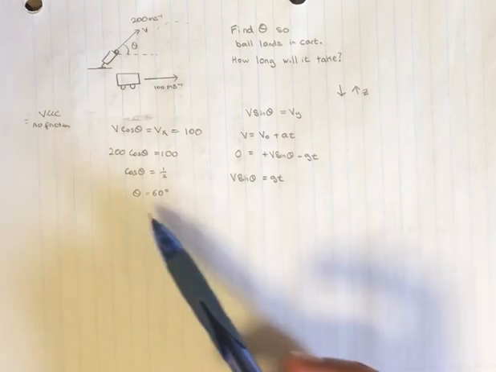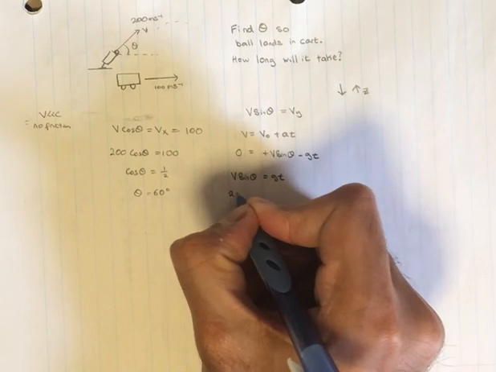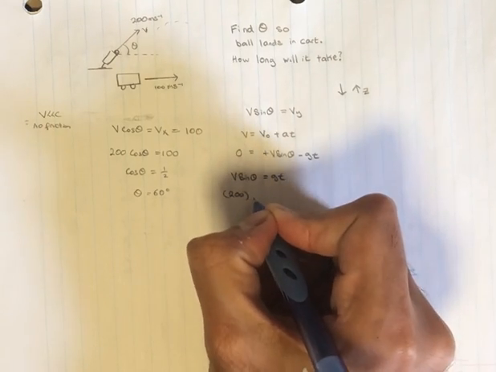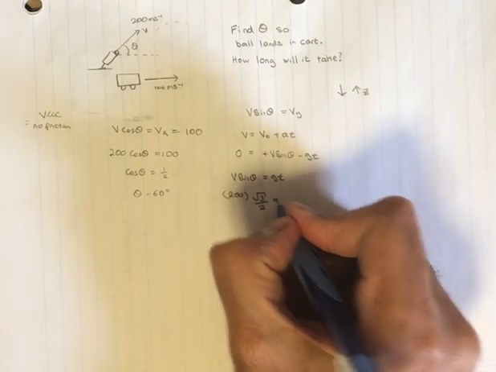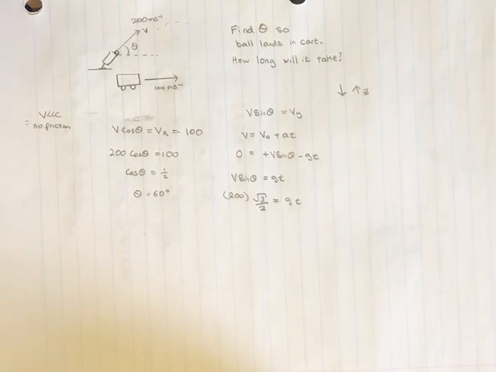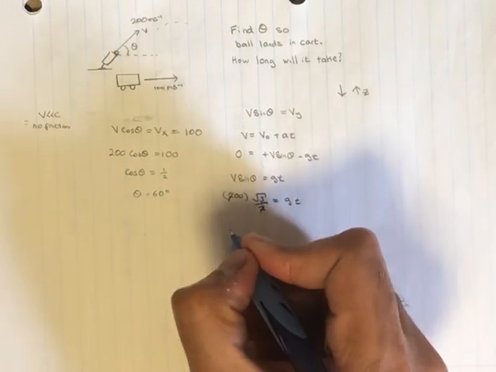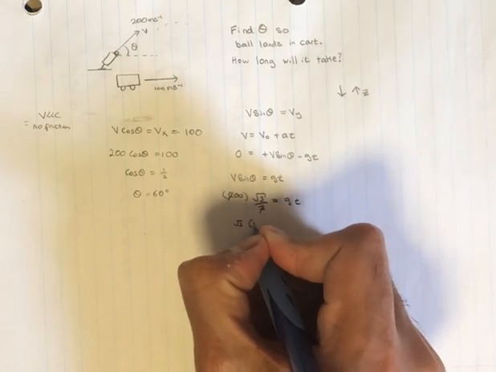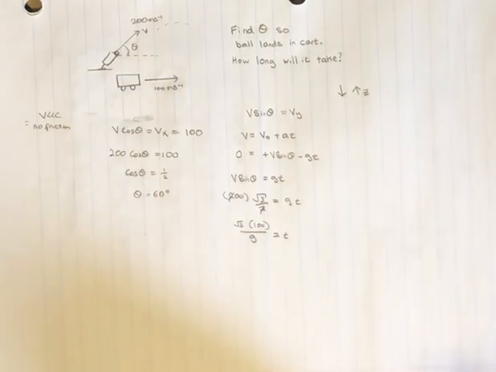Now, sine theta is just sine 60, so that's 200 for the value of v times root 3 over 2 is equal to gt. So we can cancel the 2's, and we get root 3 times 100 over g is equal to t.